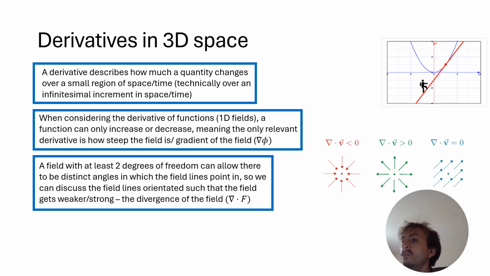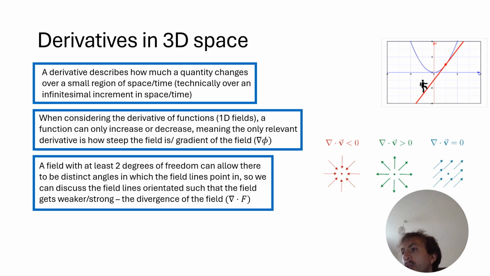For a field which is two-dimensional or of larger dimensions, the output contains at least two numbers, meaning our field line will have at least two components, and therefore we can meaningfully talk about the angle one field line is pointing relative to another. And so we can consider field lines which are various angular distances apart.